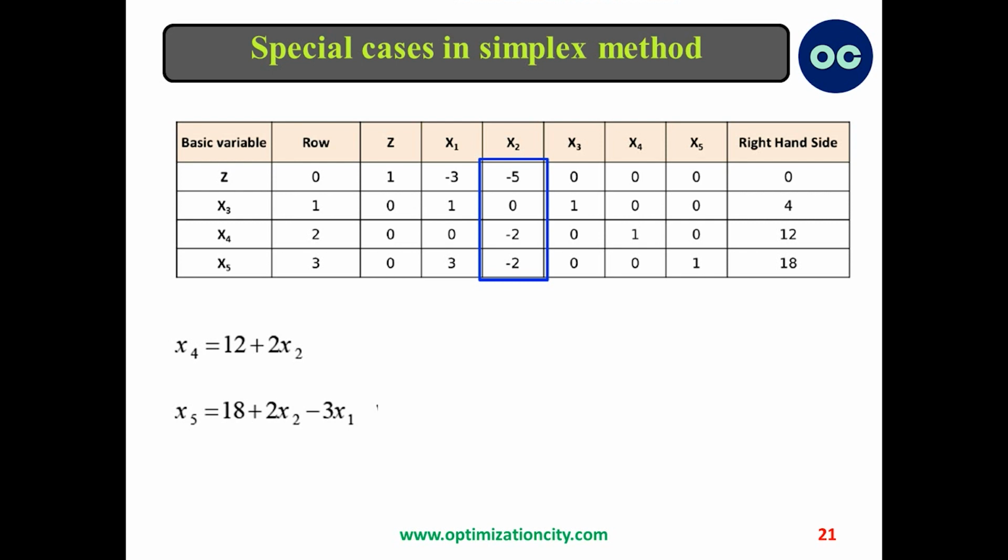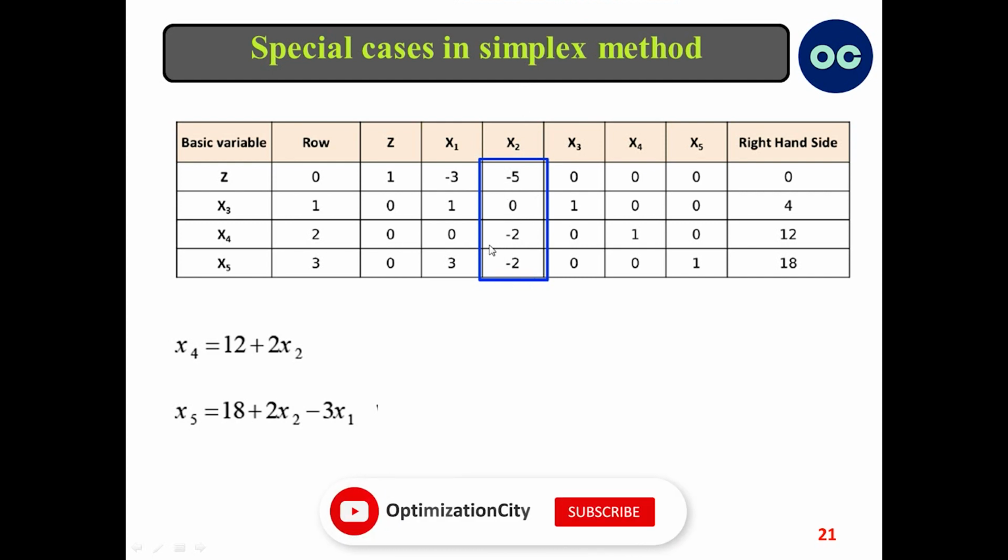If this happens, it could be due to a miscalculation or a missing constraint. So here you can see that the pivot column behind x2 is negative or 0. So it shows that this model is unbounded.